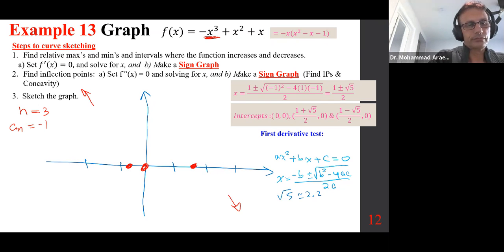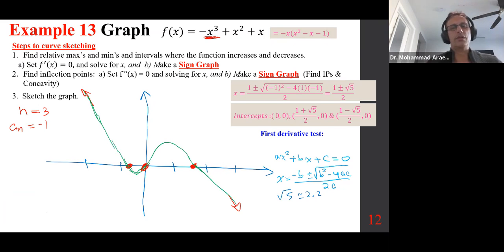So now if I want to graph this, I bring it down and I hit the x-intercept, and it has to come back up at some point and go down. This is a rough sketch. It's not to scale, it's not precise, but using pre-calculus, we have an idea how the graph looks.